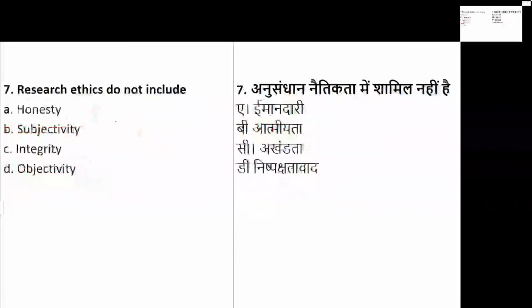Okay. Now, question number 7. Question number 7 is on the topic research ethics. So research ethics does not include what? Honesty, subjectivity, integrity, or objectivity. So we are talking about research ethics. So research ethics will not include what? Honesty, subjectivity, integrity, or objectivity.